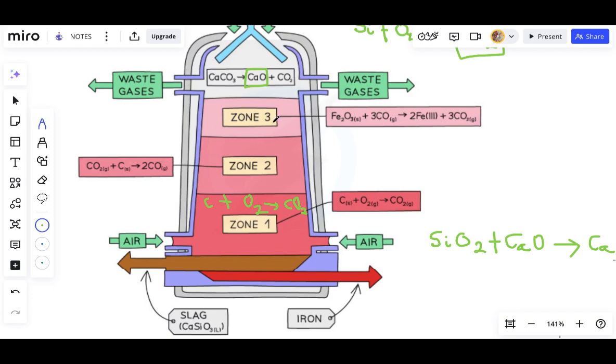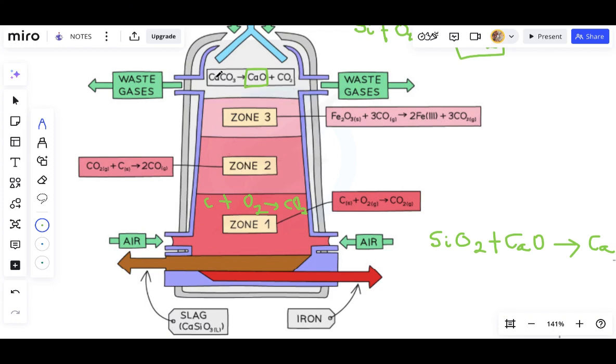Then in zone 3, carbon monoxide is a reducing agent. So it reacts with iron(III) oxide to produce molten iron and carbon dioxide. Carbon dioxide is a waste gas, it gets rid of. And then we have many other impurities, like silicon dioxide, because silicon will react with air to produce silicon dioxide.